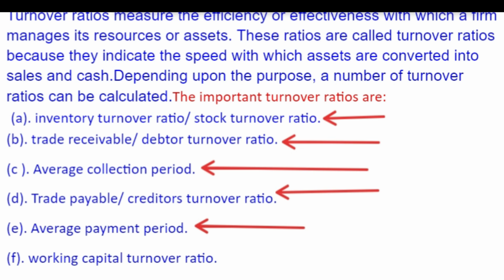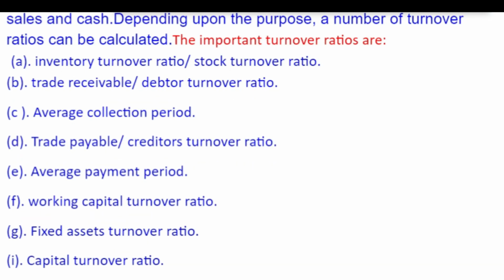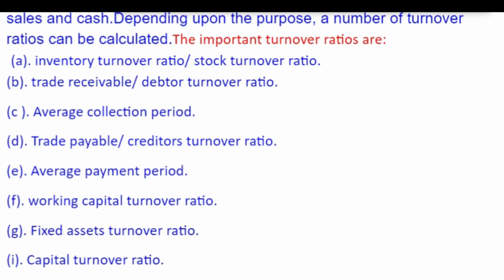These are the important turnover ratios we need to calculate from the financial statements. We will learn one by one each turnover ratio and the different formulas. So let us understand the inventory turnover ratio and how it is calculated.